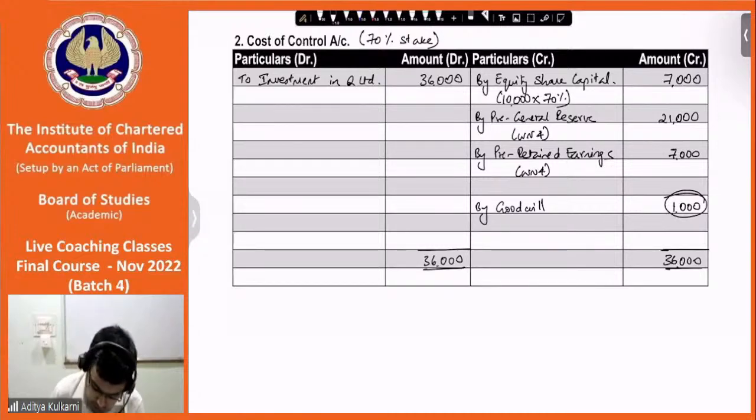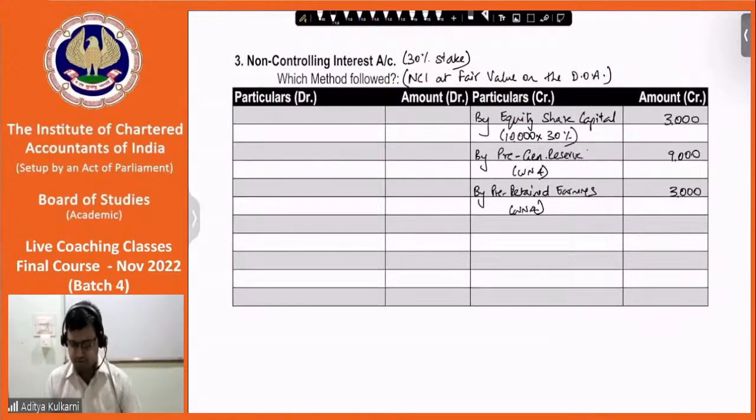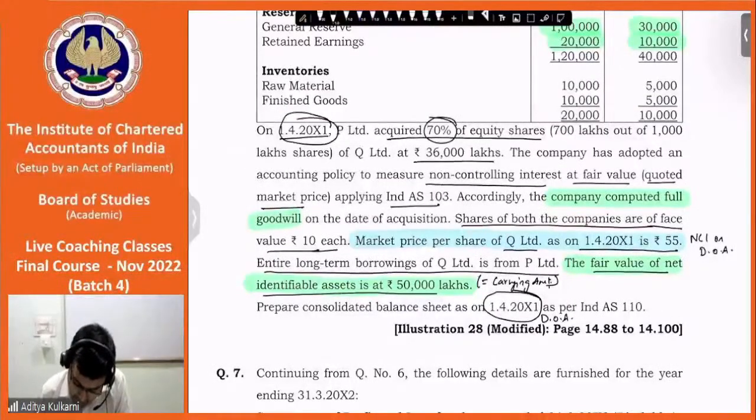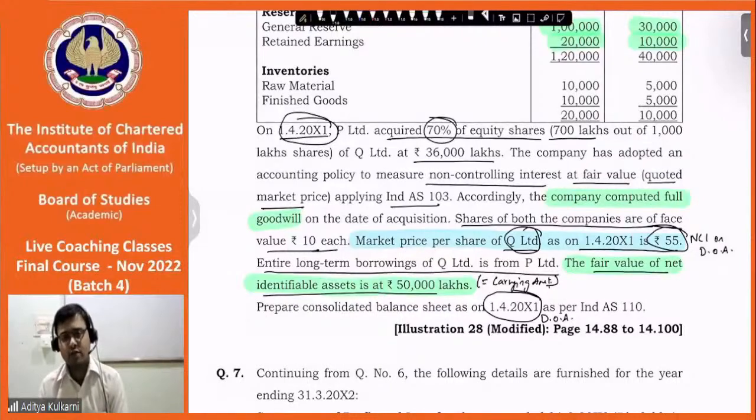All right. So this is your goodwill attributable to the parent. Can I balance my NCI? Not right now, because NCI is appearing at fair value, and for that purpose they have given the fair market price of Q Limited as rupees 55, and NCI has how many shares? 700 lakh shares belong to the parent out of 1000, so 300 lakh shares will belong to the NCI.